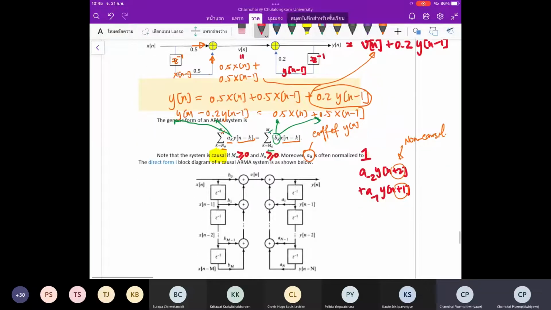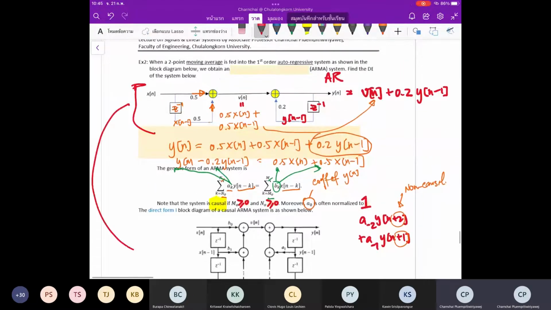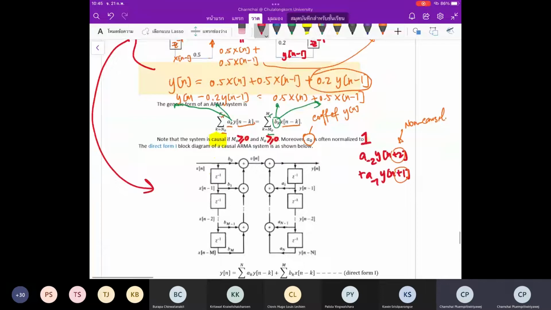Usually the coefficient of y[n] is normalized to 1. So in general, instead of the picture on top here, it's changed into this picture. So y[n] goes out, right, here.